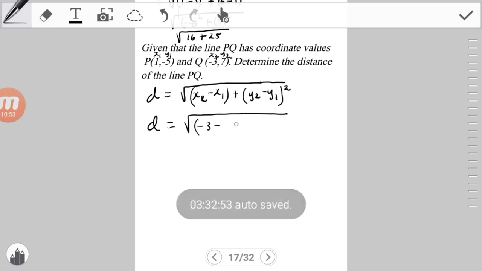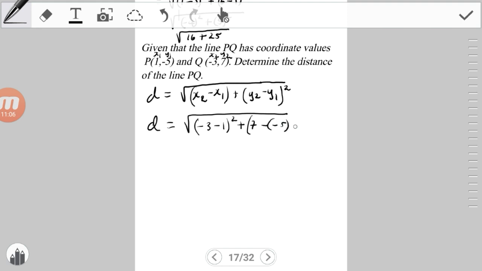So that's x2, take away x1, so that's minus 3 minus 1 squared. Plus y2 is 7, take away y1, so that's 7, take away negative 5. I'm going to square that. Okay, notice I put a double bracket here to separate my negative sign from my negative 5.